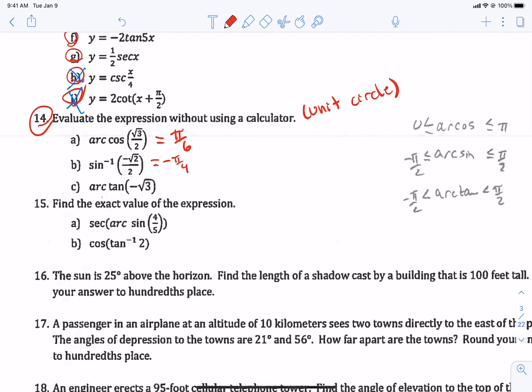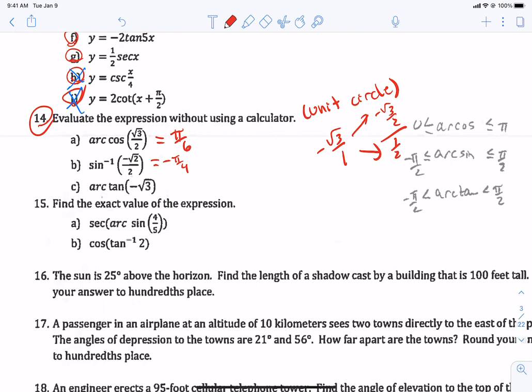Now, tangent's a little harder. When I see the arc tangent of negative square root of 3, I think of negative square root of 3 over 1, which is negative square root of 3 over 2 over 1/2. So the 2's, remember, end up canceling out.